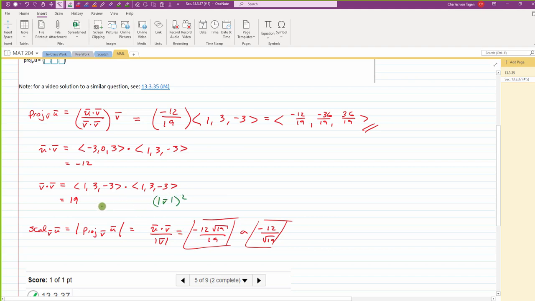Since we've already computed v dot v, we know that's 19, so that's the magnitude squared. So the magnitude is the square root of 19, and we get an answer of -12 over the square root of 19. And that's a perfectly reasonable way to leave your answer. Or you could also rationalize your denominator.